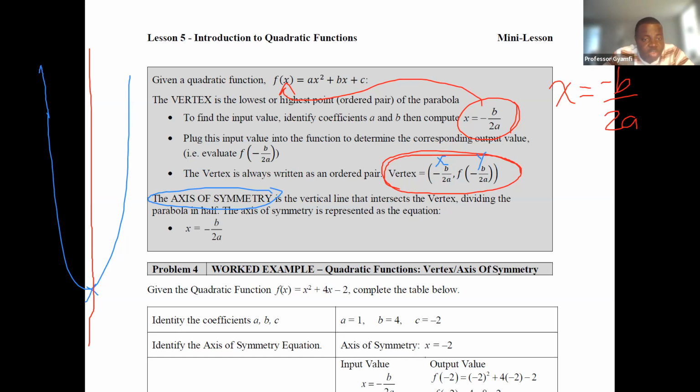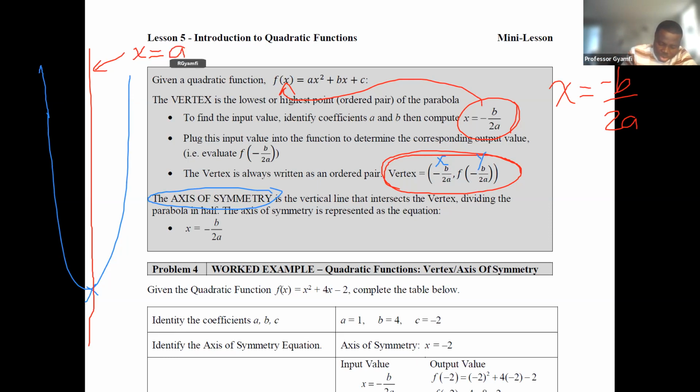Now, this axis of symmetry has an equation. It is a vertical line, so it's always going to have x equals some number.